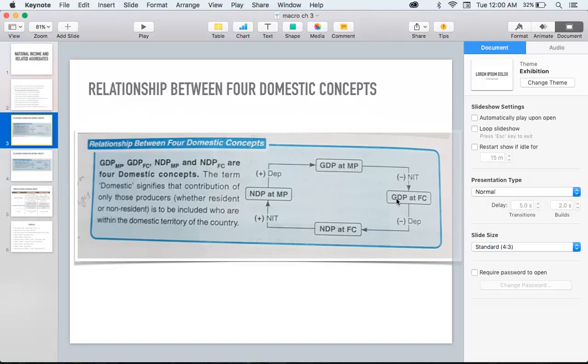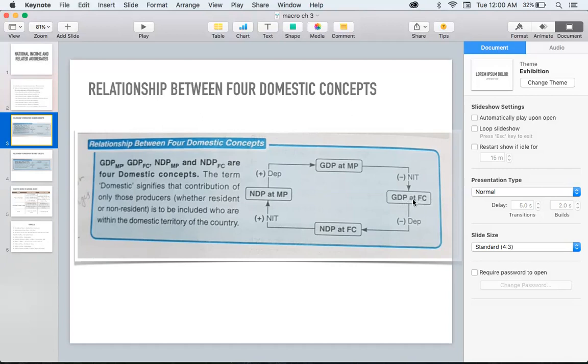I will get GDP at FC. That means from market price, this is market value, I subtract the net indirect tax and I will get factor cost. So GDP at MP minus net indirect tax gives GDP at FC.